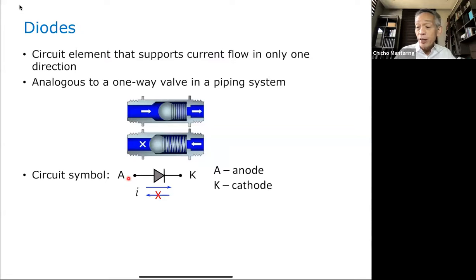So you're going to see the terminals labeled A and K, anode and cathode. Where do these terms come from? This is historical because the first circuit element that supported current flow in only one direction, before the vacuum tube, had one terminal called the cathode and the other terminal called the anode. And this was carried over to the semiconductor diode.